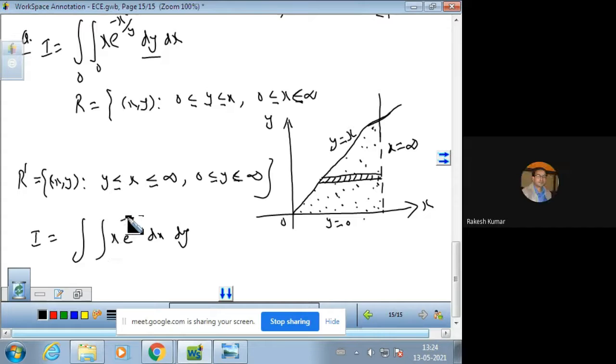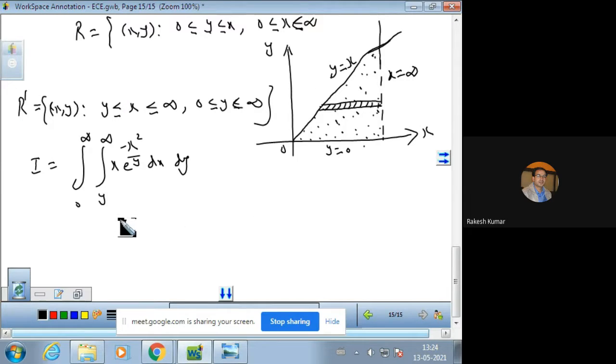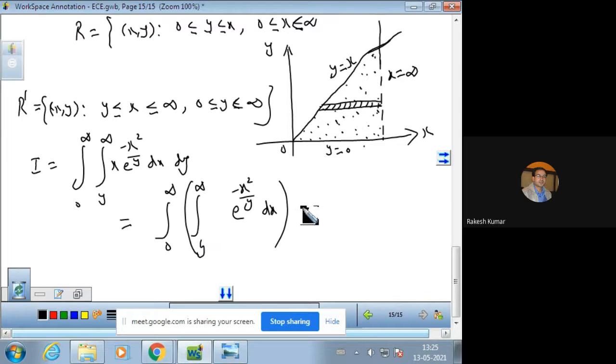So x e raised to power minus x square upon y, and your limits are y to infinity and 0 to infinity. Now you will integrate with respect to x first. This integration is very important. So you will have y to infinity, and now this is e raised to power minus x square over y dx, and this is a dy, and here we have x.